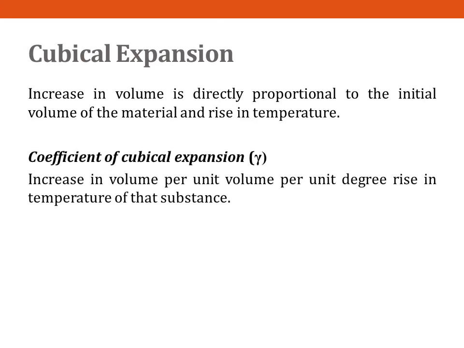It is measured by the coefficient of cubical expansion denoted by gamma. The definition for this is: it is the increase in volume per unit degree rise in temperature of that substance.